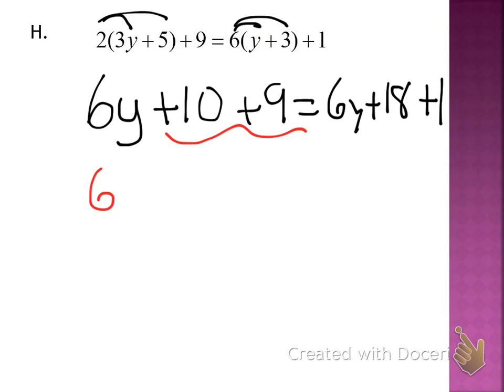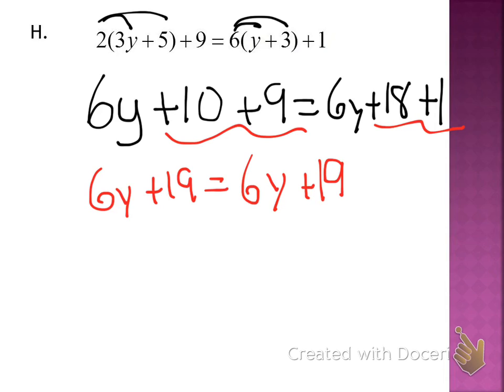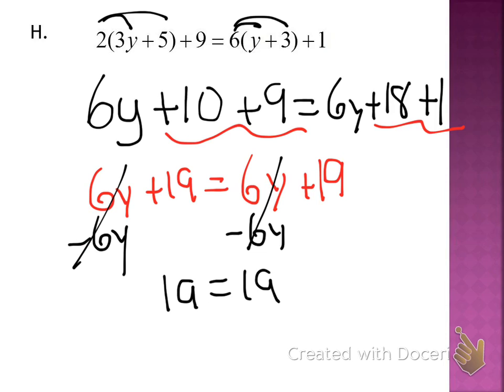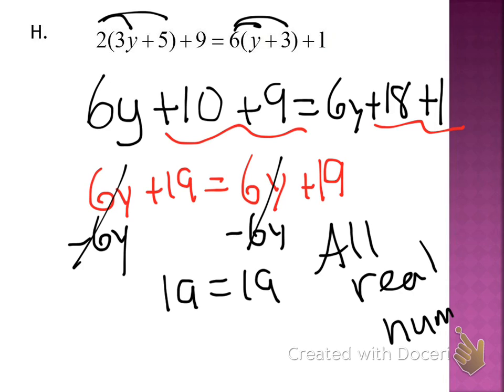So on the left, I'll have 6y plus 19 equals, on the right, I'll have 6y plus 19. All right, so let's get our y's together. What happens when I try to subtract 6y from both sides? They cancel out. I'm left with 19 equals 19. So you will have the answer all real numbers.